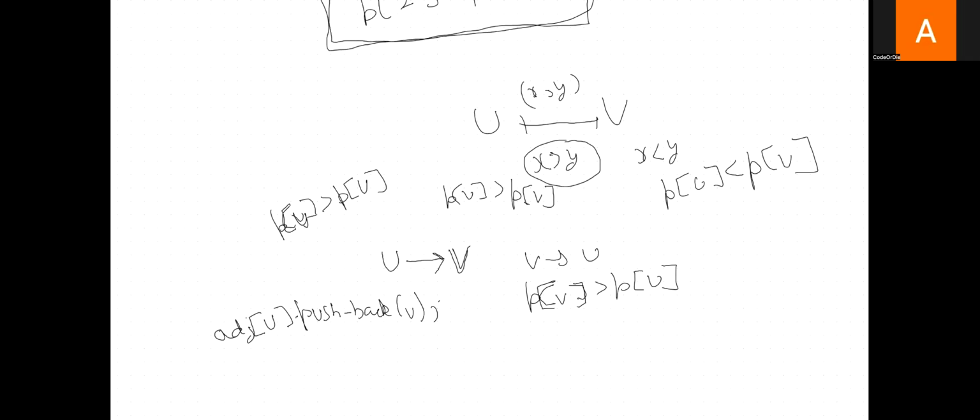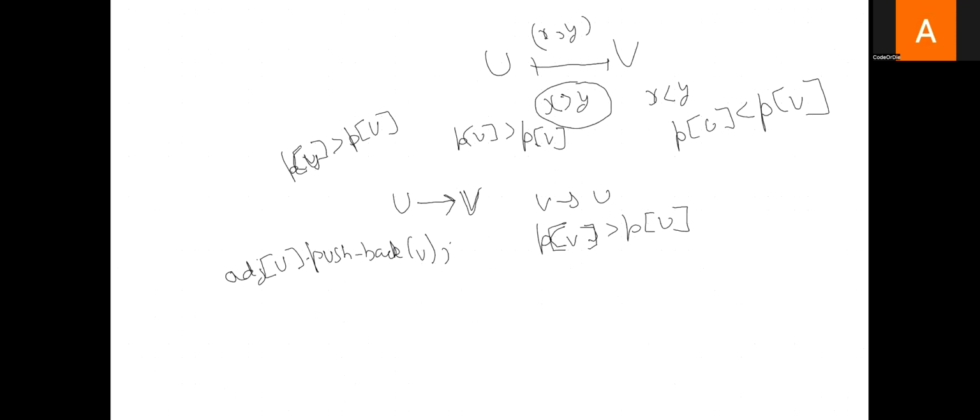If X is greater than Y, then adjacency of U dot pushback V. And if Y is greater than X, then I will do adjacency of V dot pushback U. This will be the case.